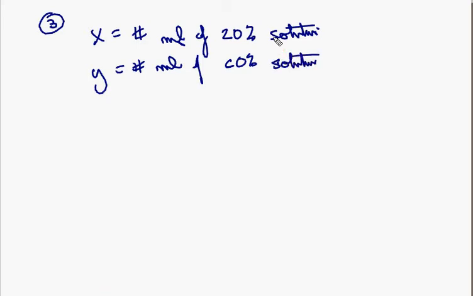So my first equation is going to be X plus Y equals what? Equals 100, right? So the two mixtures have to add up together to equal 100 milliliters, okay? The second equation is going to be using their percentages.